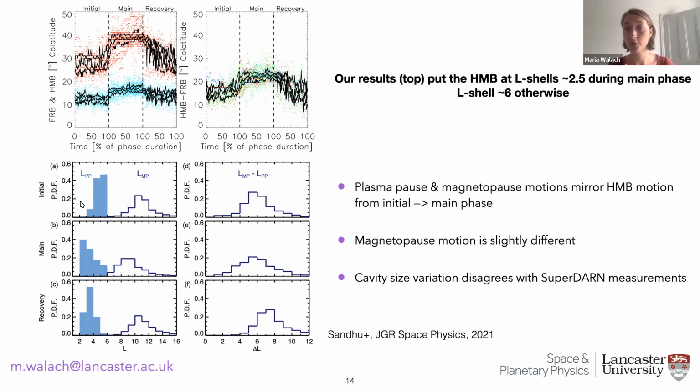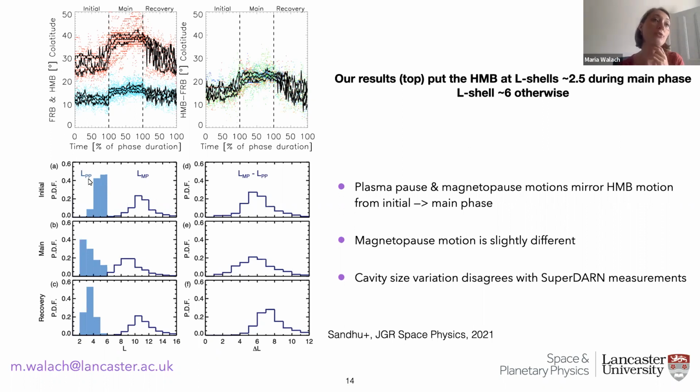So the same algorithm was used to figure out where the initial, main and recovery phase were starting. So we're looking at the same thing, and the plasmapause location was measured using the Van Allen Probes here, and the magnetopause location was taken from the Shue model, I believe.